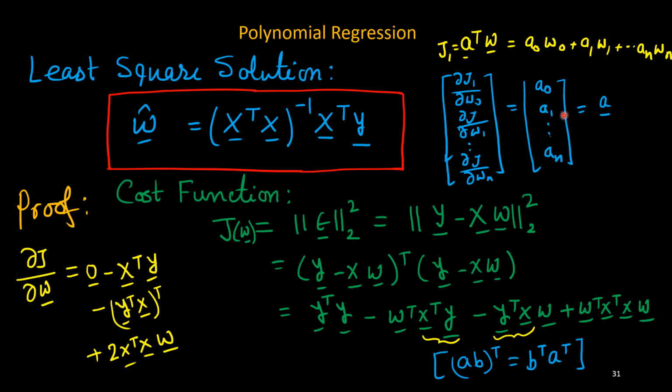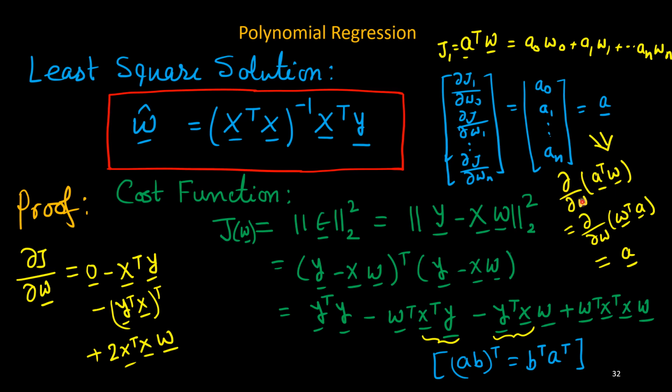So this gives you one vector that is nothing but your column vector a. So whenever I consider these forms, the partial derivative del (a transpose w) del w, or del (w transpose a) del w, it will give you a, because a transpose w and w transpose a are the same value.